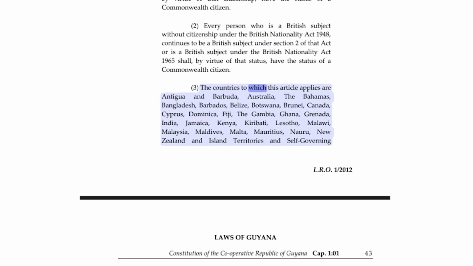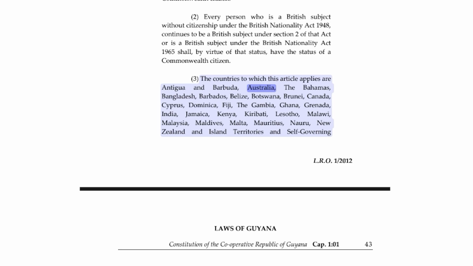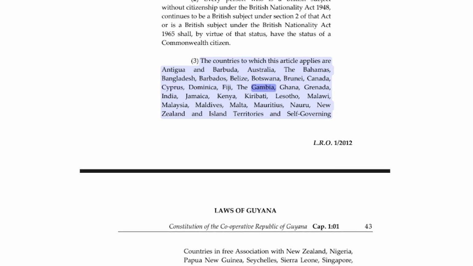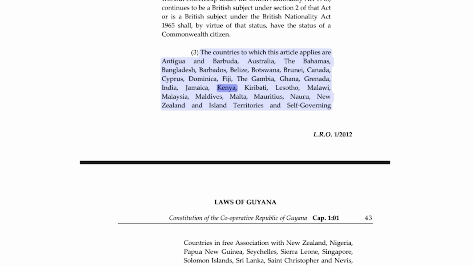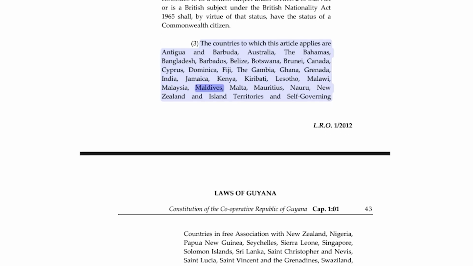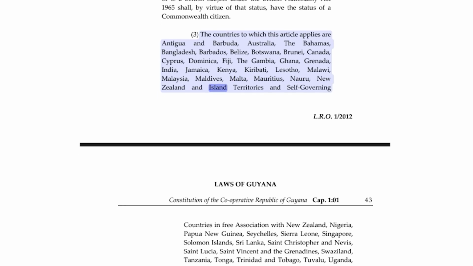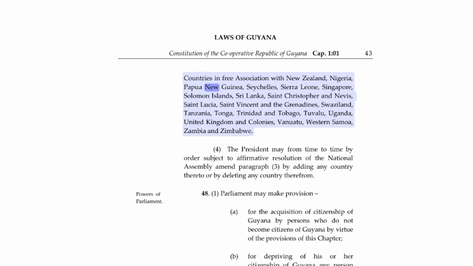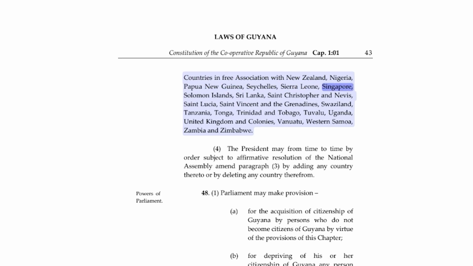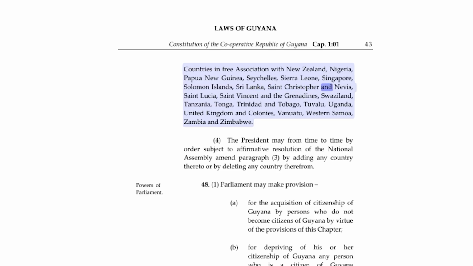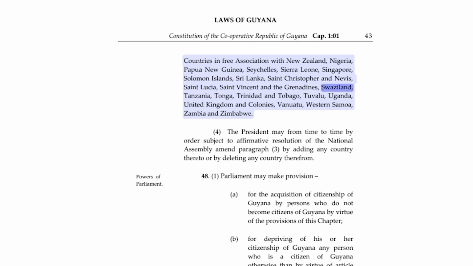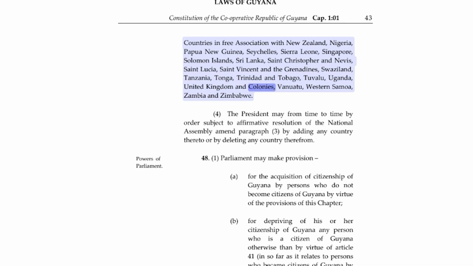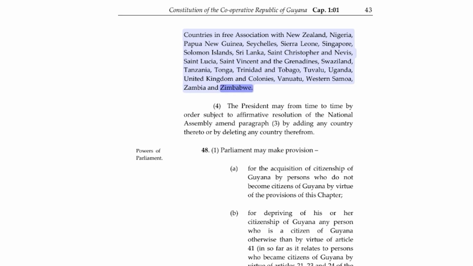3. The countries to which this article applies are Antigua and Barbuda, Australia, the Bahamas, Bangladesh, Barbados, Belize, Botswana, Brunei, Canada, Cyprus, Dominica, Fiji, the Gambia, Ghana, Grenada, India, Jamaica, Kenya, Kiribati, Lesotho, Malawi, Malaysia, Maldives, Malta, Mauritius, Nauru, New Zealand, and island territories, and self-governing countries in free association with New Zealand, Nigeria, Papua New Guinea, Seychelles, Sierra Leone, Singapore, Solomon Islands, Sri Lanka, St. Christopher and Nevis, St. Lucia, St. Vincent and the Grenadines, Swaziland, Tanzania, Tonga, Trinidad and Tobago, Tuvalu, Uganda, United Kingdom and Colonies, Vanuatu, Western Samoa, Zambia and Zimbabwe. 4.